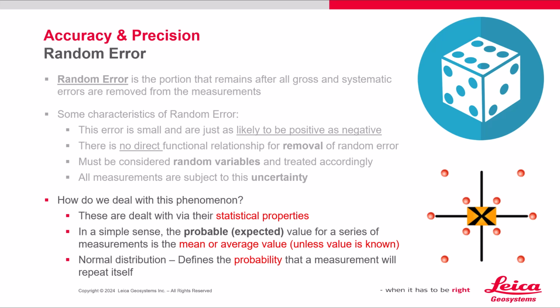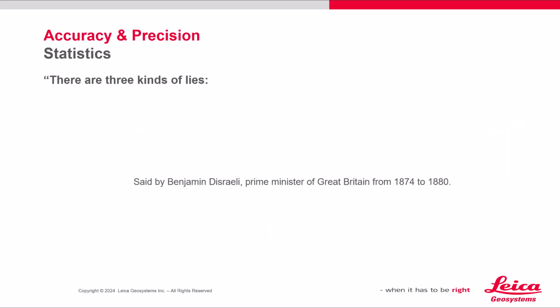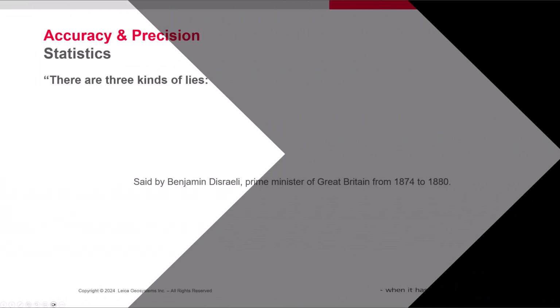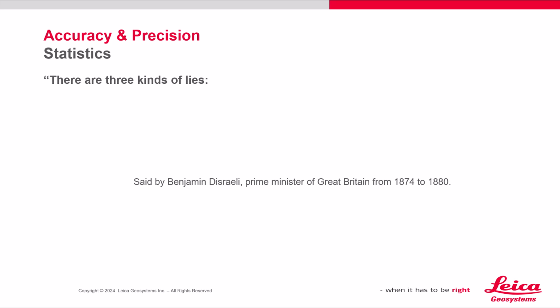And normal distribution, which we're going to talk about more, defines the probability that a measurement will repeat itself. It was once said that there are 3 kinds of lies: lies, damn lies, and statistics. And this couldn't be more true, or I share this opinion. You can manipulate statistics to look different, and without understanding what's behind the statistics, it can be very misleading.